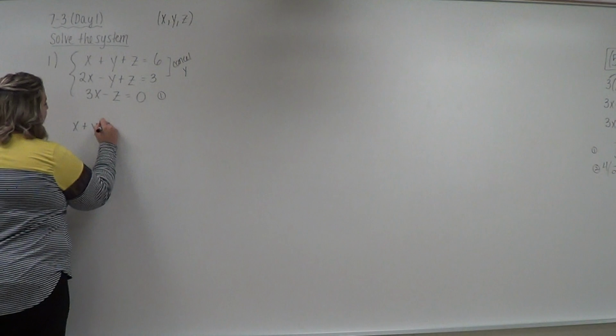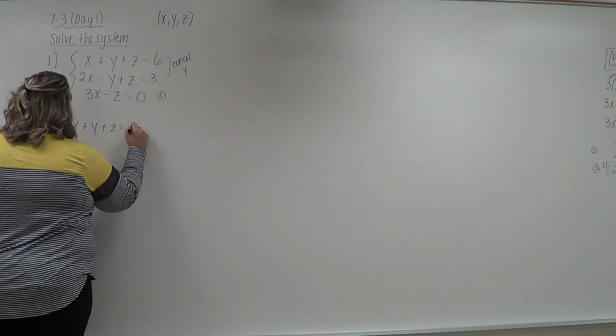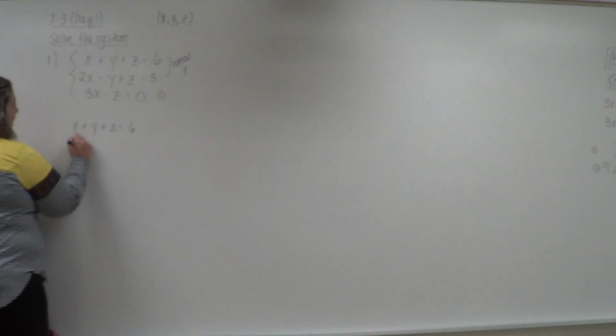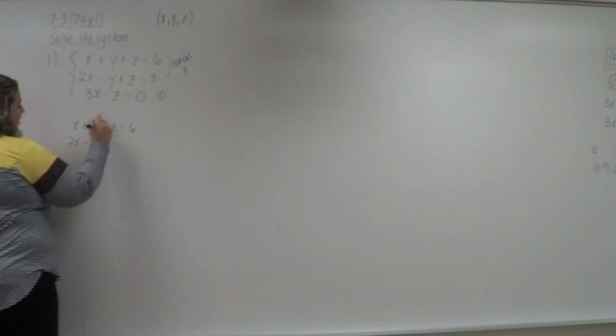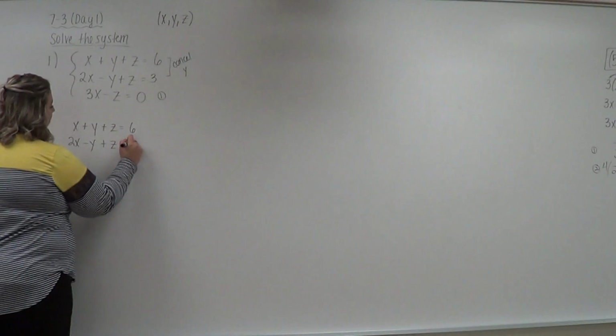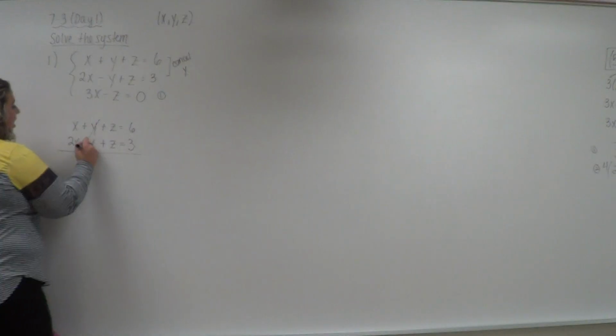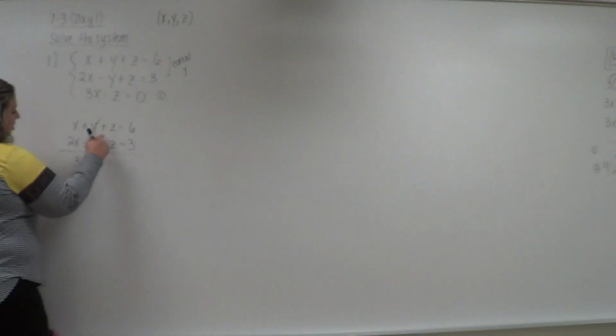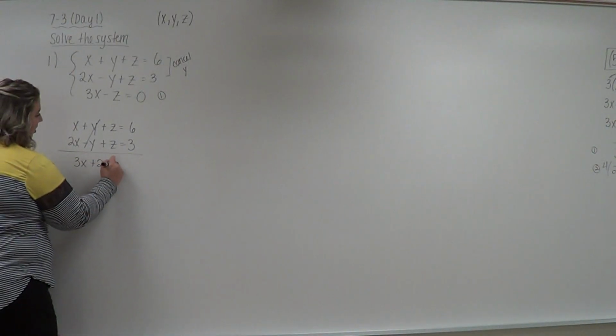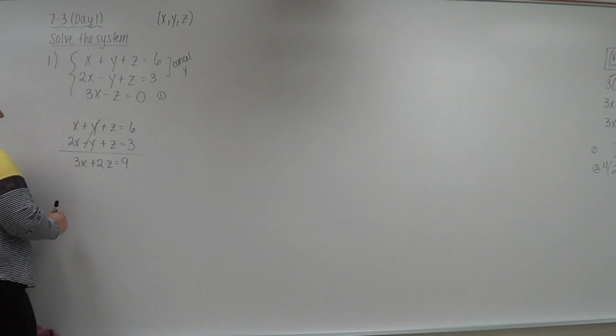I don't have to multiply them by anything because I already have a positive y and a negative y. So when I combine these two, the y's automatically cancel, and I would have 3x plus 2z equals 9.